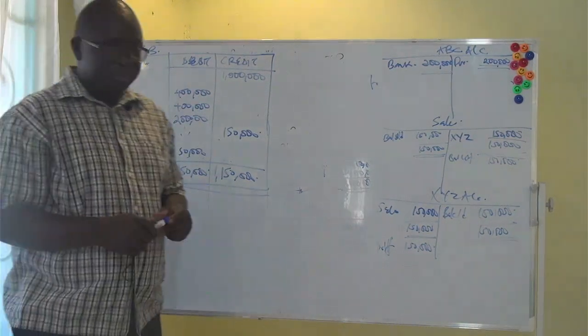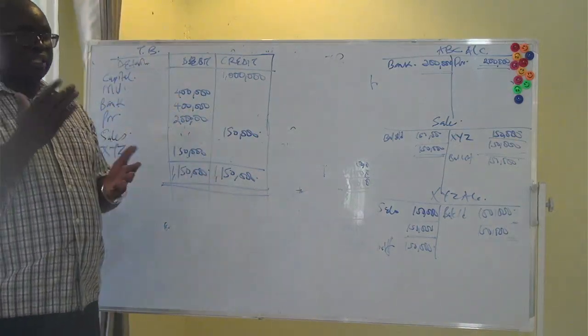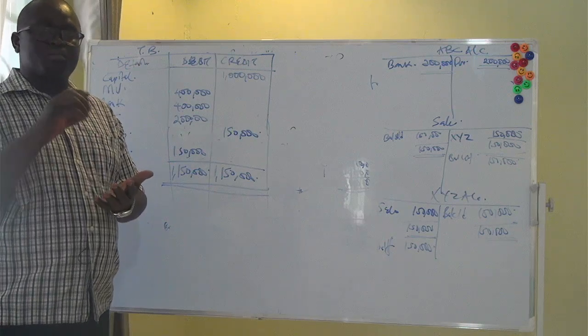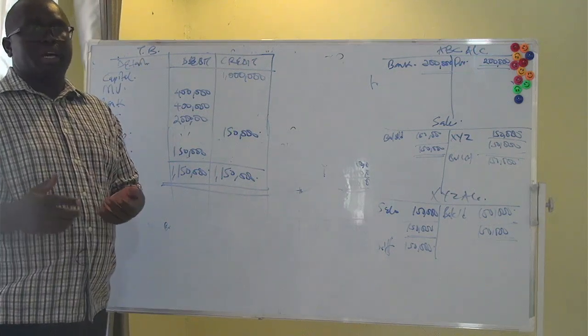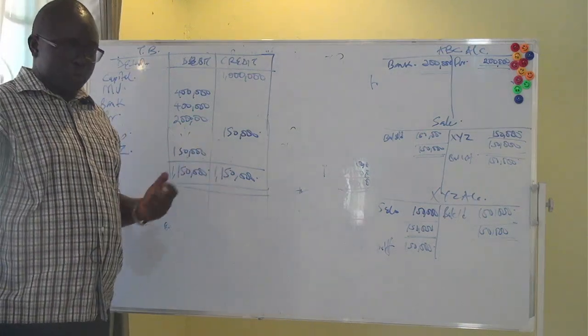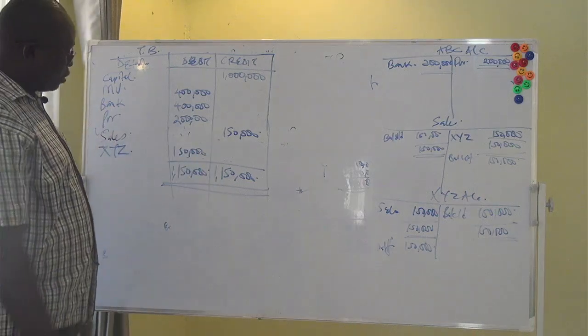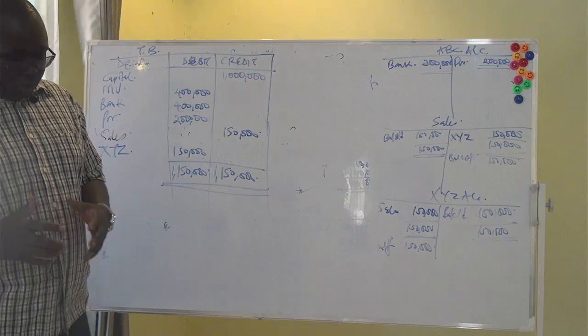So that gets us through how we move transactions from the ledger accounts, balance them off, take them to the trial balance, and then balance the trial balance to check that we have not made errors. Of course, it has balanced, so our first thing is to give ourselves a thumbs up for working on it.